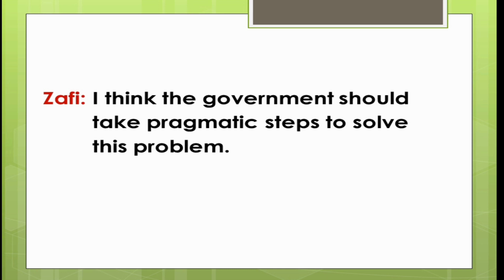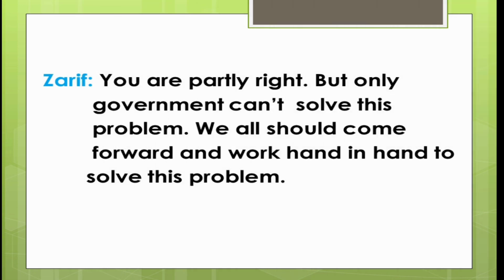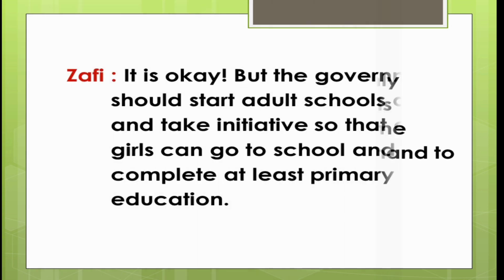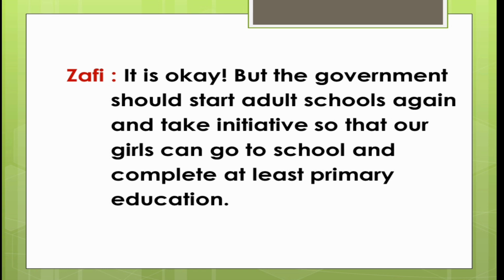Zafi, I think the government should take pragmatic steps to solve this problem. Zarif, you are partly right, but only the government cannot solve this problem. We all should come forward and work hand in hand to solve this problem. Now, Zafi is talking. It is okay, but the government should start adult schools again and take initiative so that our girls go to school and complete at least primary education.